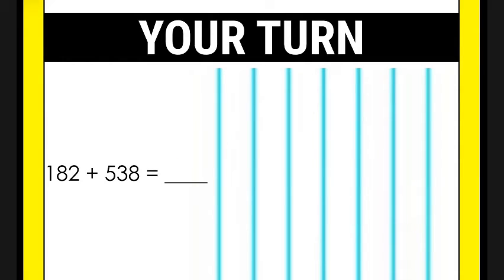Okay, let's solve one more. This one we are going to solve together. It is 182 plus 538. On your paper, go ahead and set up your problem. While you're setting up your problem, I'll set up mine, and then we'll compare to make sure they look the same.